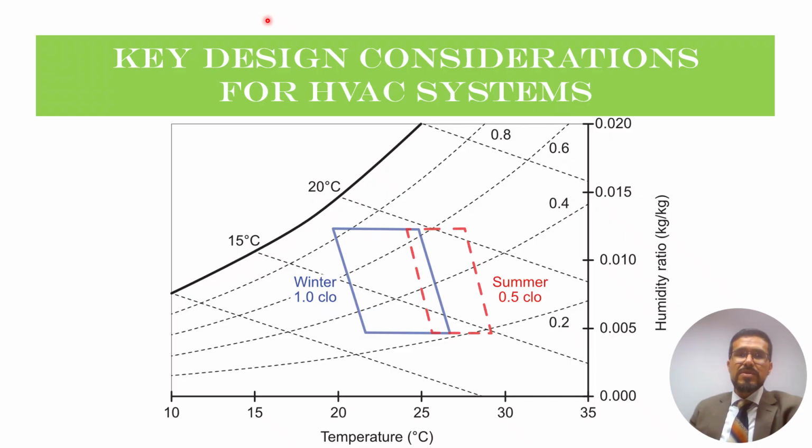So effective temperature is the temperature of air that will give the same total heat loss as occurs at 50% of relative humidity. We also see that the temperature ranges for winter are between 20 degrees and 25 degrees, and for summer between 24 and 28 degrees.